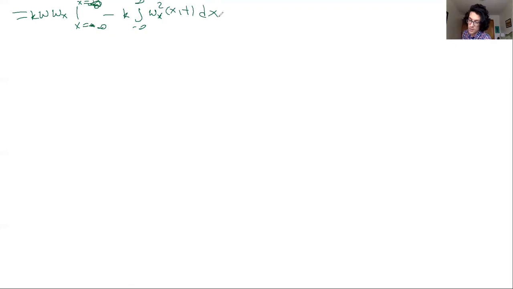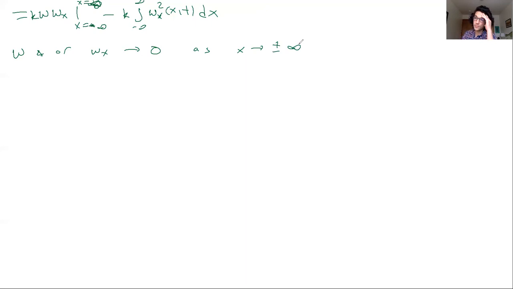So now the additional condition you would need is that W and/or W_x goes to 0 as x goes to plus or minus infinity.